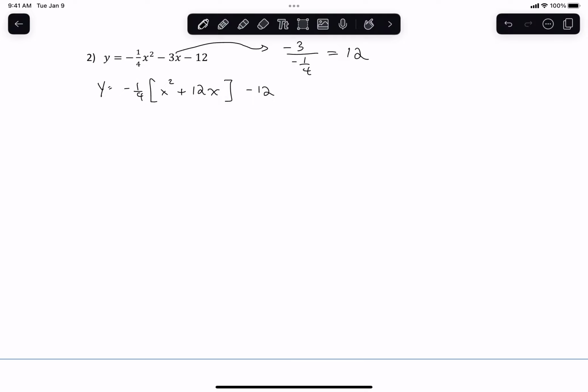Everyone happy? -3 divided by -1/4 would be +12. There's the work. When we have fractions inside fractions, we multiply by the reciprocal of the denominator. Okay? All right. Now you can find a z value.